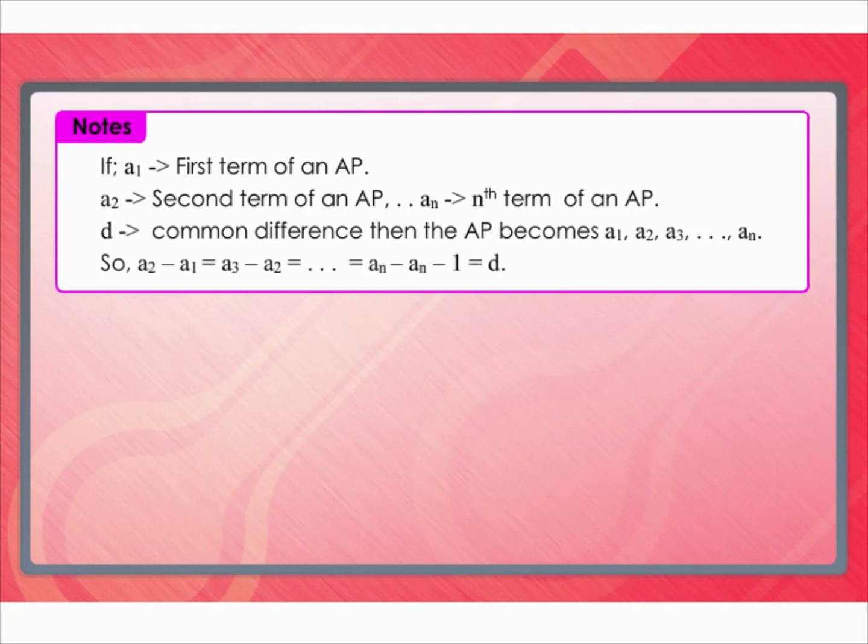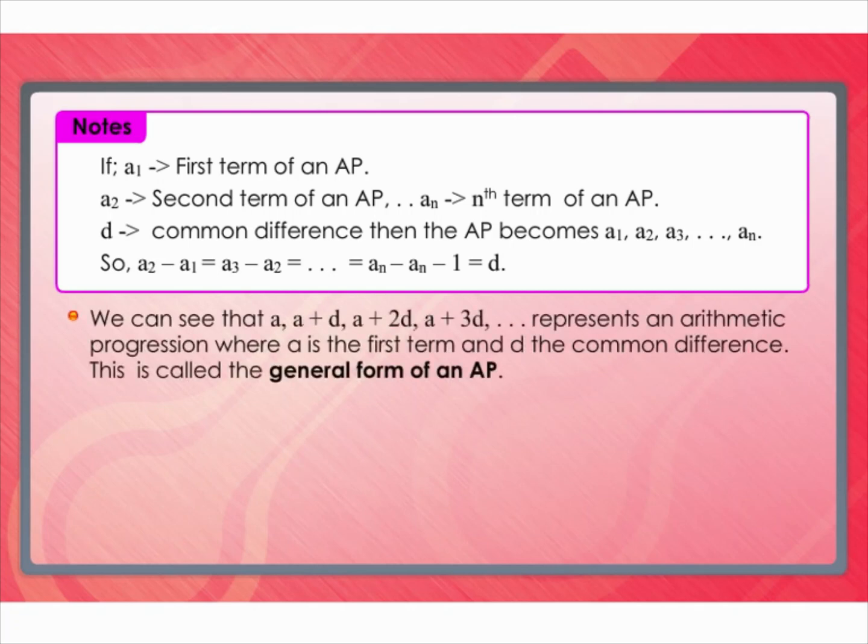So, a2 minus a1 is equal to a3 minus a2, and so on, up to an minus a(n-1), equal to d. We can see that a, a plus d, a plus 2d, a plus 3d, and so on represents an arithmetic progression where a is the first term and d is the common difference. This is called the general form of an AP.